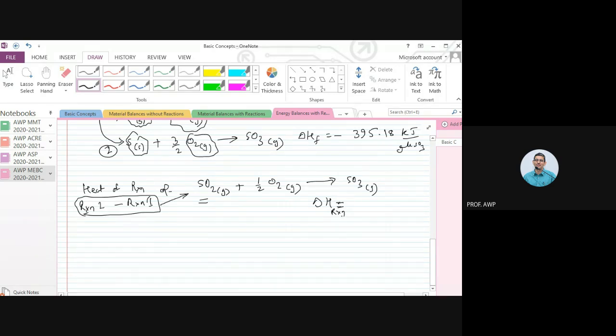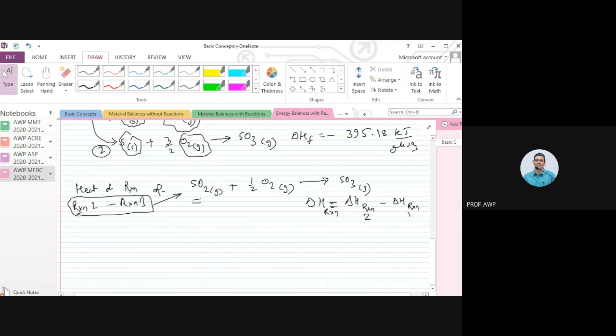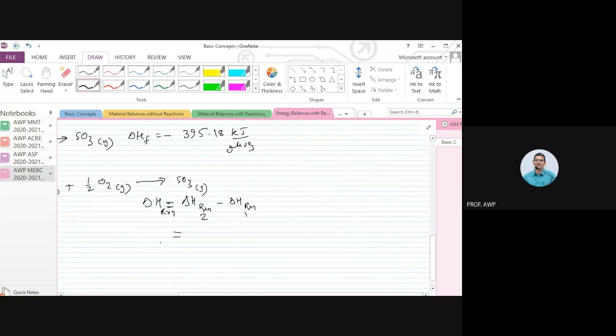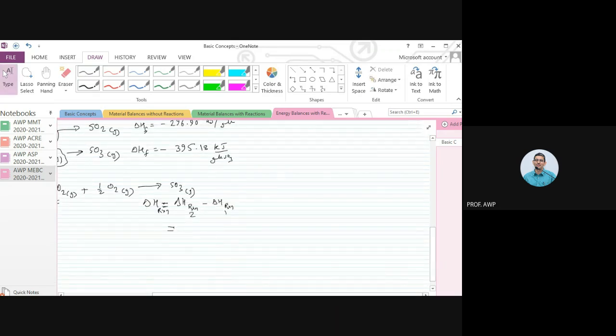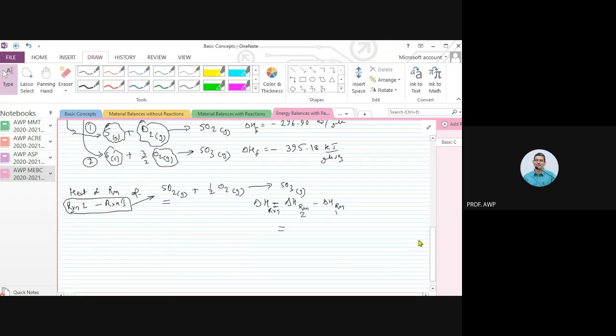So the heat of reaction for this particular reaction is delta H for reaction 2 minus delta H for reaction 1. And delta H for reaction 2 is nothing but the heat of formation in the standard state of SO3 gas minus delta H of standard state formation of SO2 gas.